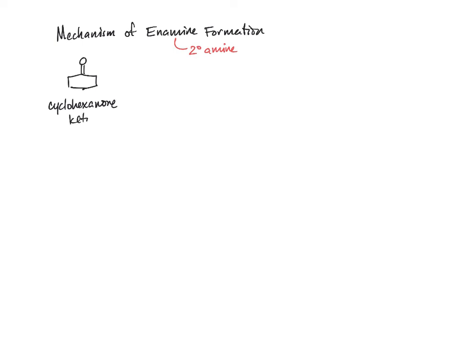So this is a ketone. And for our secondary amine, we'll use this compound, which is called pyrrolidine. So it's a nitrogen heterocycle. It's a secondary amine.